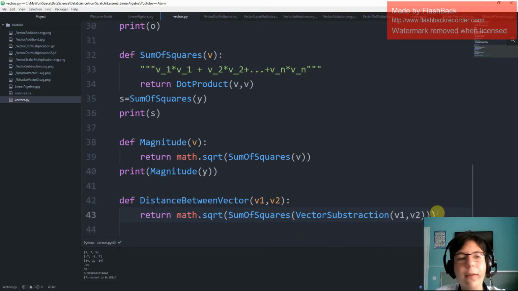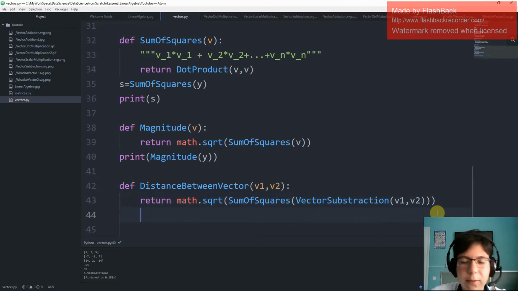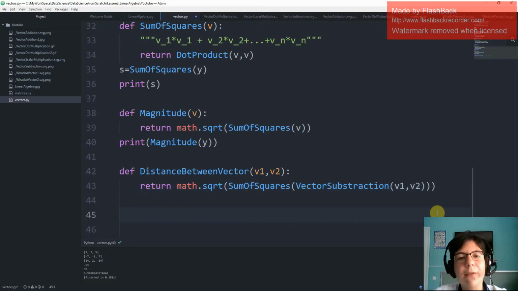If you are just interested, try to Google the distance between two vectors, and just learn more on Wikipedia, or any source you find. I won't go into much detail because it isn't really relevant for our purpose. But of course, if you want to learn more, just do it. This is just a brief introduction in linear algebra. Linear algebra is more complex, obviously, than this.